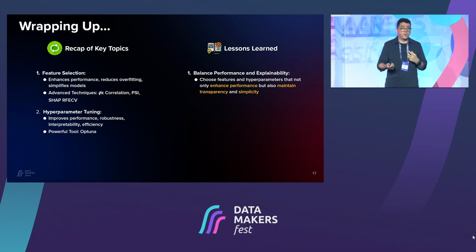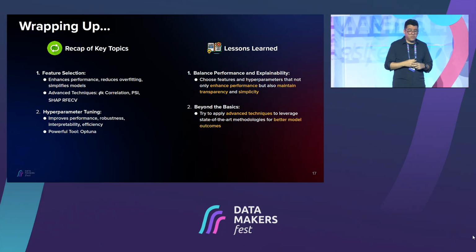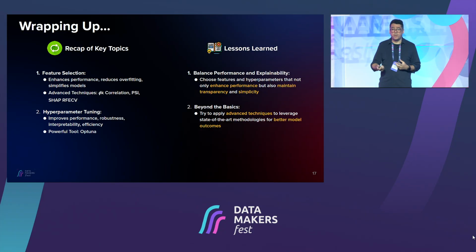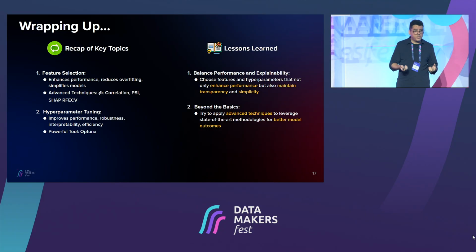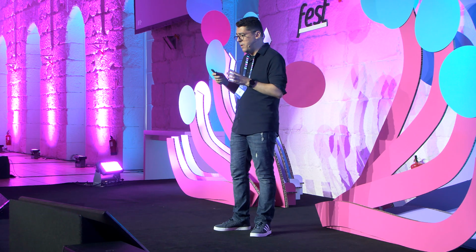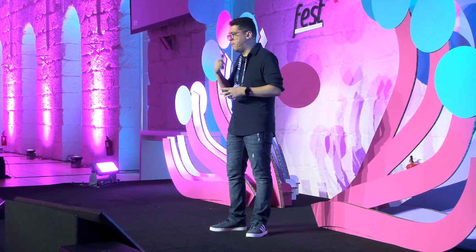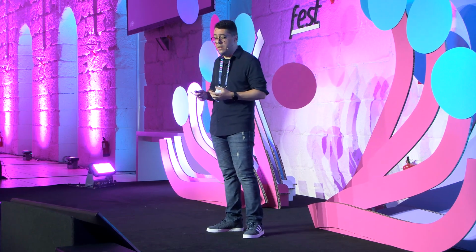I think this is really important if we are applying our models in a business context. And try to go beyond the basics, try to explore new techniques, new methodologies. Eventually, it can be time consuming, but once you find a good set of techniques, you can reuse them for different projects. So I think this is also really nice.